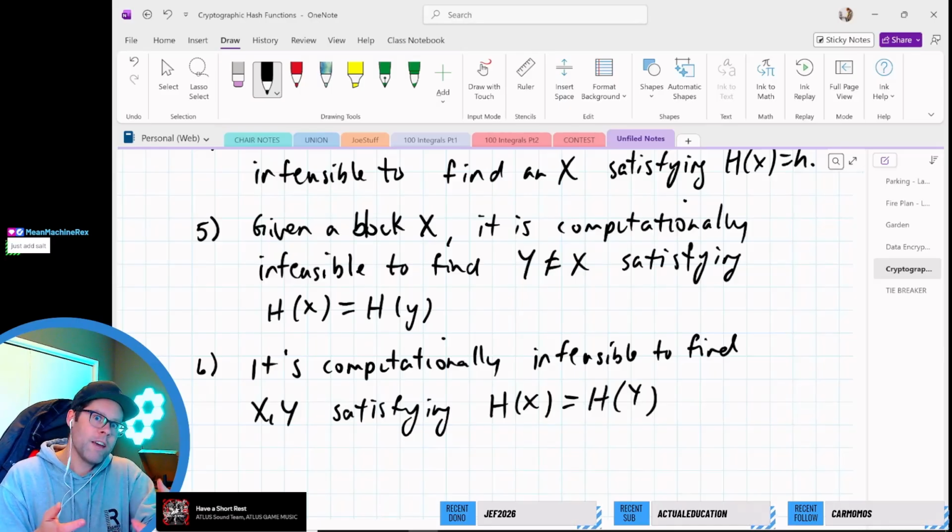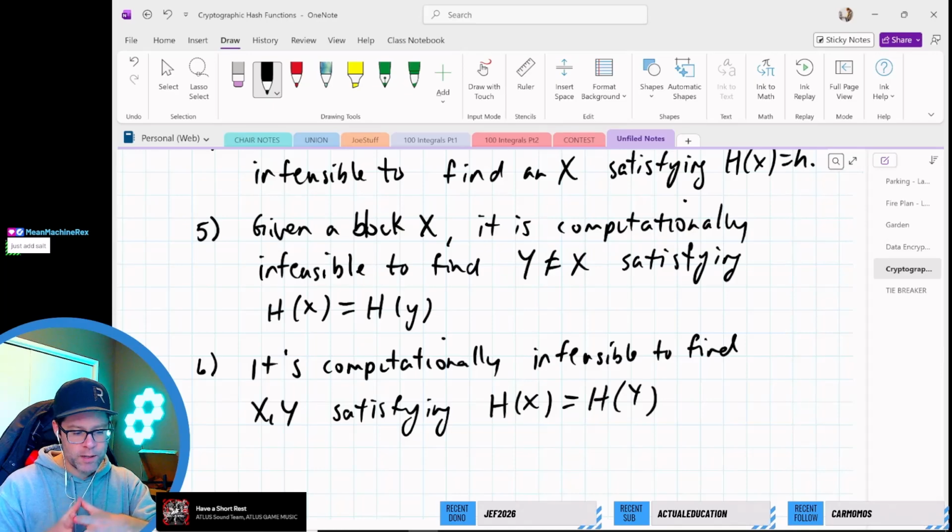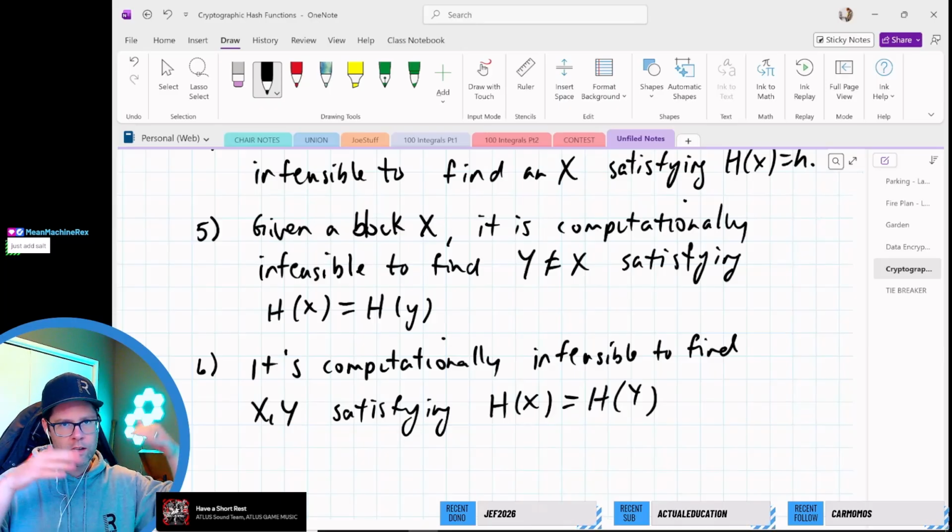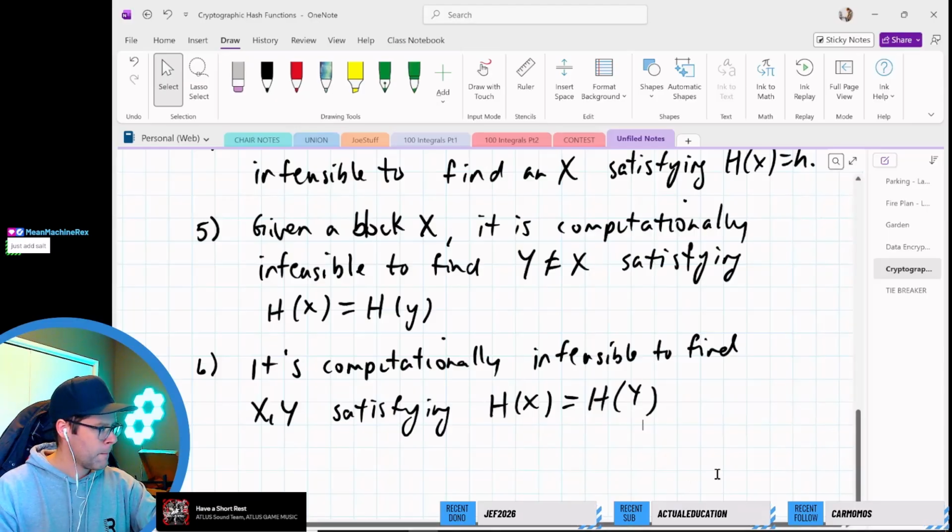So 5 is saying, if I know an input, I can't find another input that matches the output. 6 is a little bit stronger, saying it's going to be hard for me to even find 2 inputs that produce a collision. So in the event that h of x is equal to h of y, we call this a collision, and a collision devalues the integrity of the algorithm. So 5 is kind of like a weak property, and 6 is the strong property that we're really truly looking for. It's just really hard for us to find collisions given 2 input blocks.